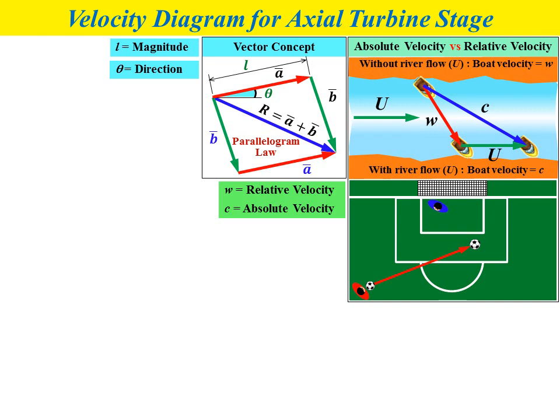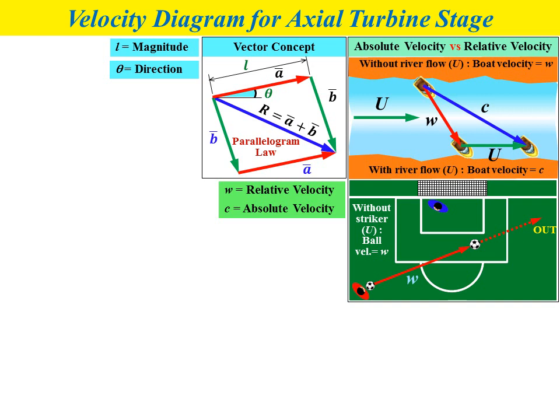At this condition, without any obstacle or any other striker that hits the ball, the ball will follow the direction of the W vector. So for this condition, the ball will go out of the field. So the W vector represents the relative velocity.